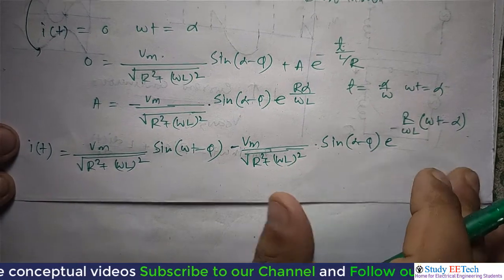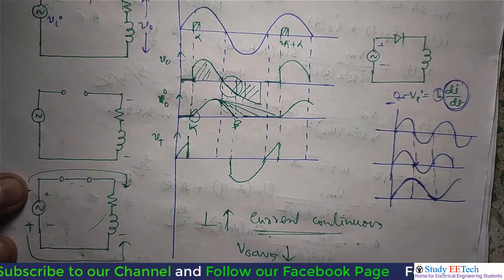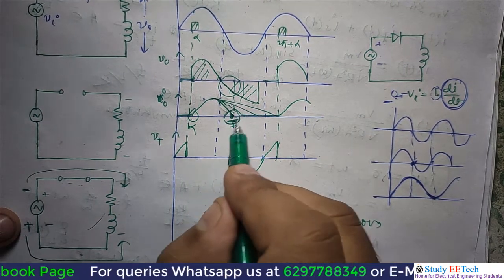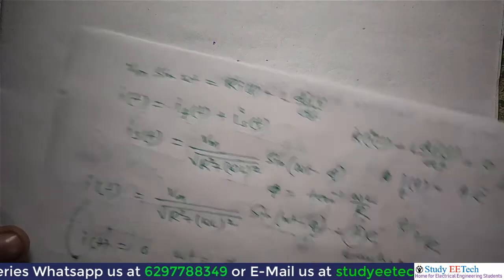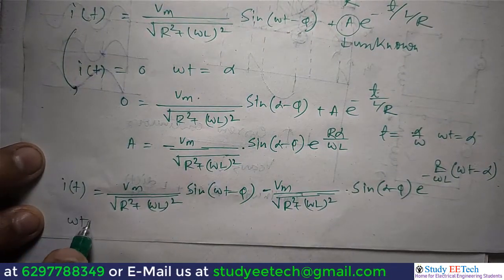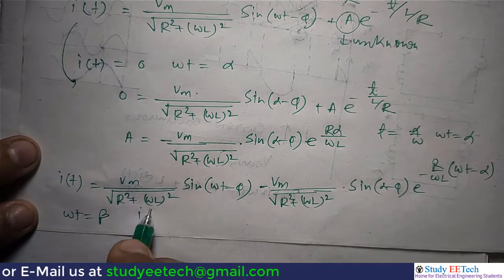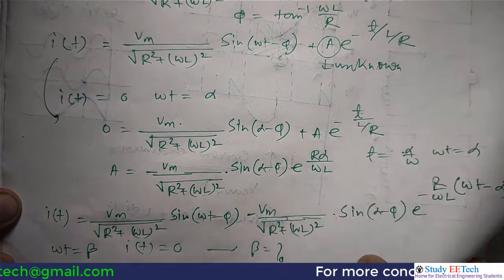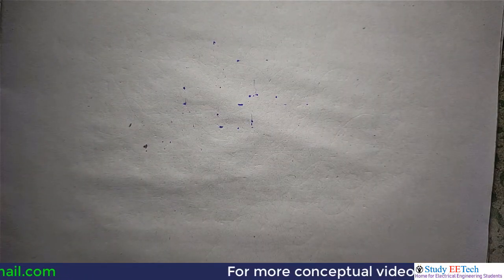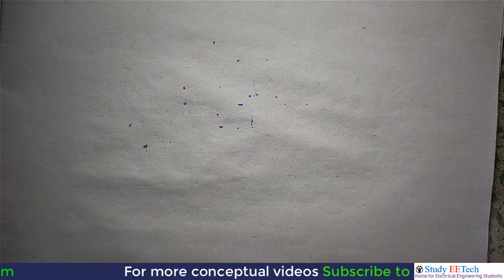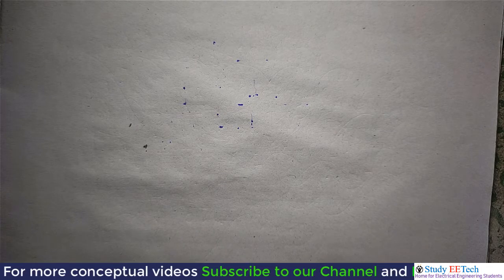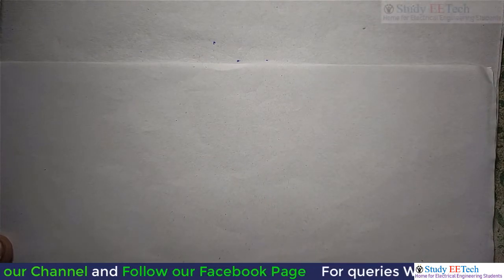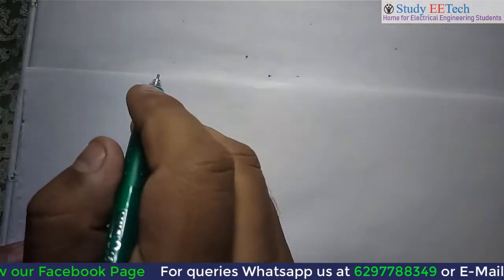Now the current at the point beta, omega t equal to beta, is again i(t) equal to 0. So beta can be derived from here, with omega t equal to beta and i(t) equal to 0. From here beta can be calculated. Once beta is known, we can calculate the average voltage.